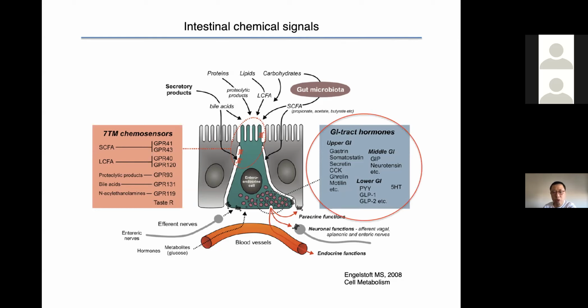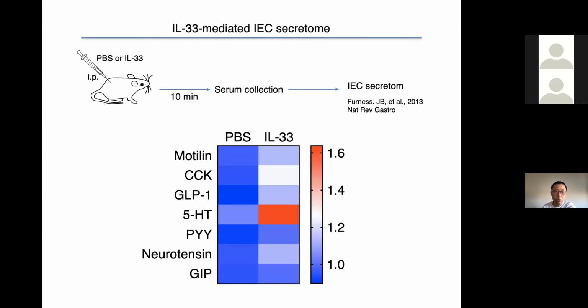So we collected all this information and formed a panel. What we did is inject IL-33 into the mice, and within a very short period of time, we collected the serum and used it to run secretomics based on the candidates from the epithelial cells.